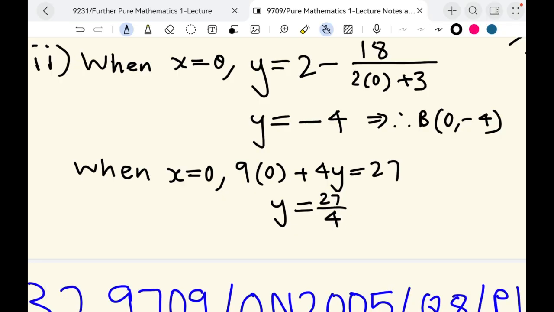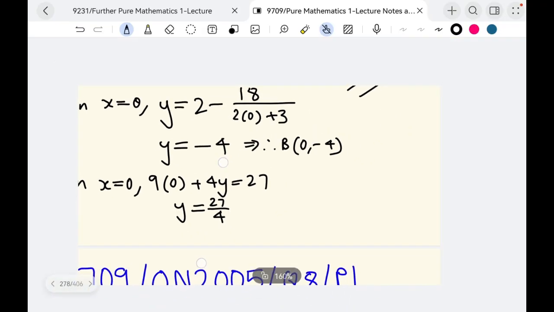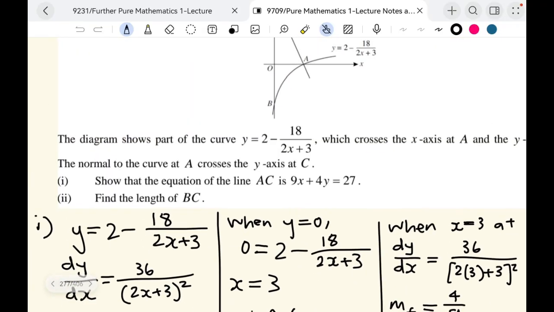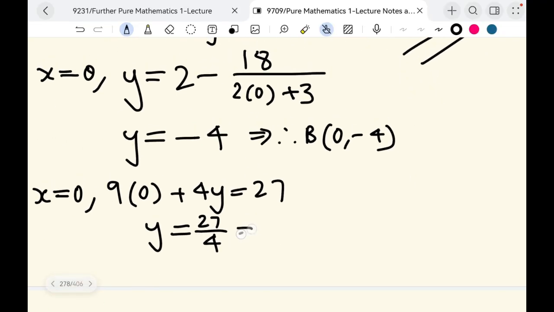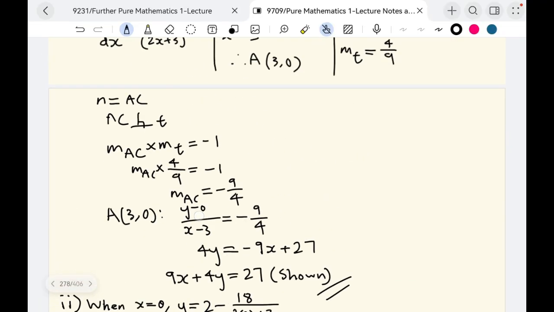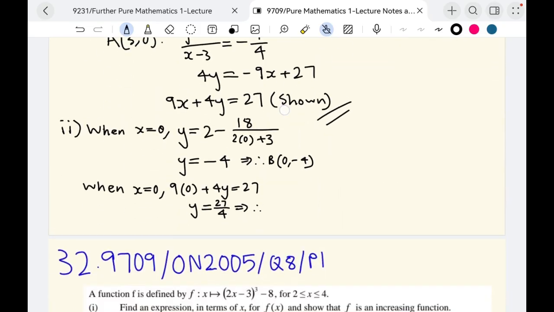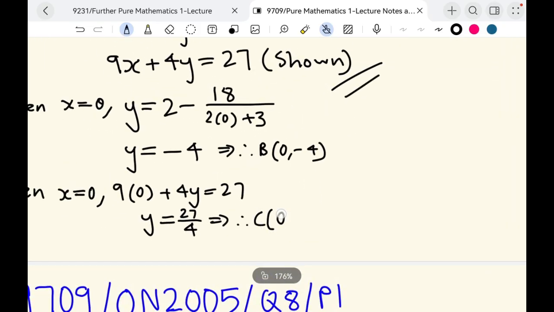Okay. Which means that the coordinates of the C is (0, 27/4).